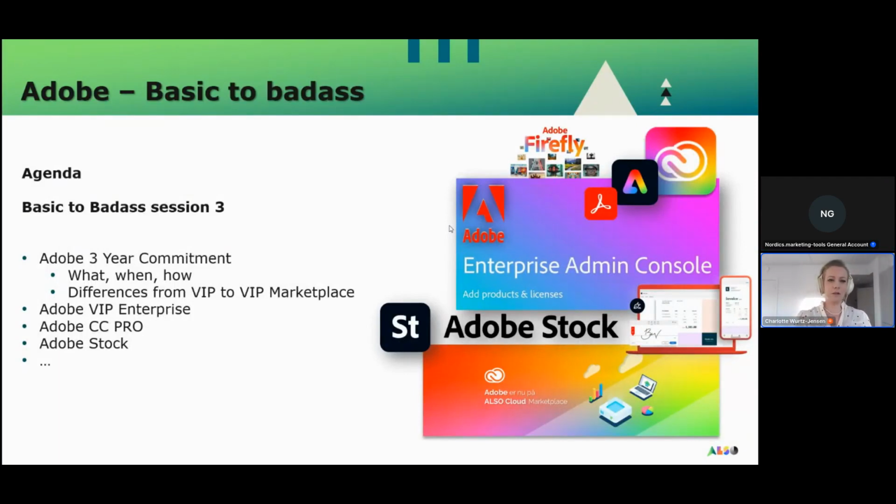Here you have the agenda. So as I mentioned, the agenda for today is the 3-year commitment agreement, how and when to use this agreement and present it to your customers. There are also some differences between how you create this agreement with the VIP and the VIP marketplace that I will cover as well. Then we'll go into the VIP Enterprise Agreement.